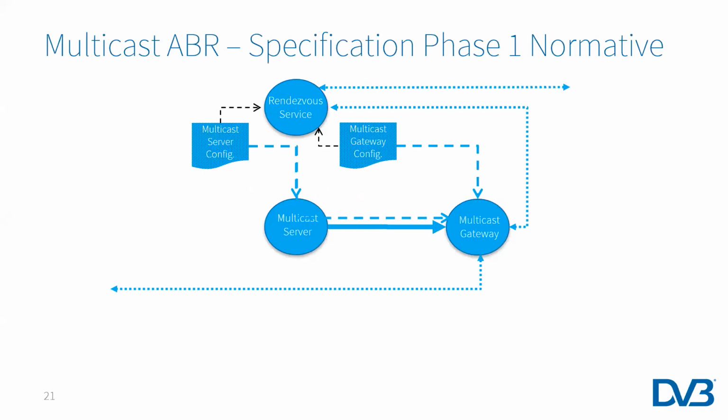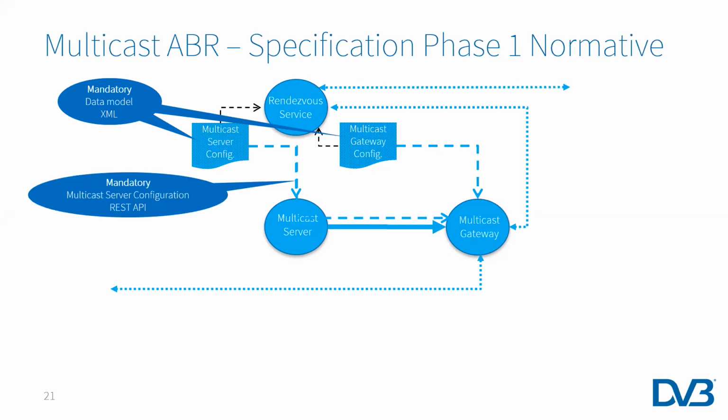First of all, you can see here again all the main entities that I just displayed when I went through the operating modes. What we have standardized first is the data model. As I was saying about how to configure the multicast server and the multicast gateway, we need a data model. It's been standardized in XML. Then we have specified an API for configuring the multicast server.